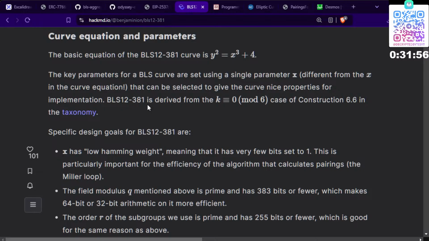BLS12-381 is derived from the case of k equal to 0 mod 6, case of construction 6.6 in the taxonomy.